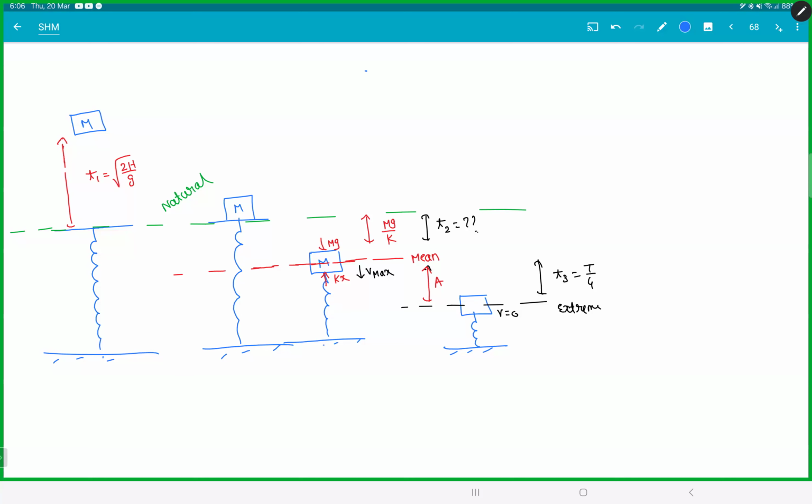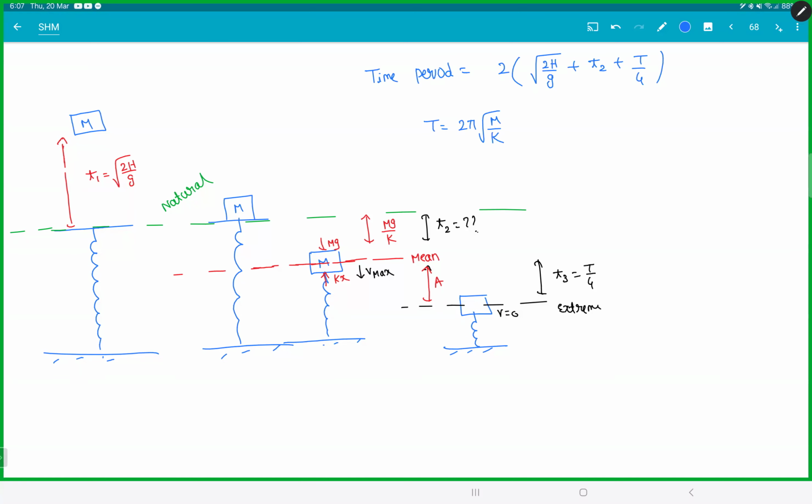So the total time period will be 2 times root over 2h by g plus T2 plus T by 4, where T is nothing but 2 pi root over m by k. So far, everything great. So if I know T2, my job is done.